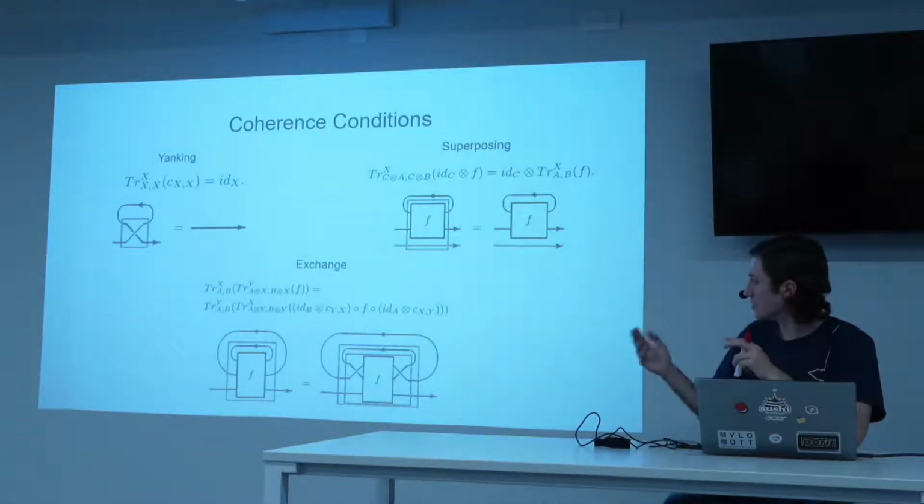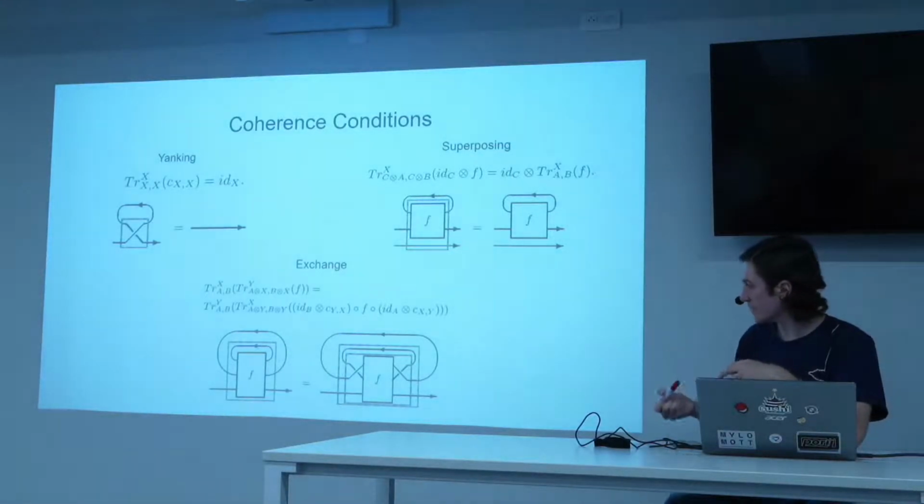And then down the bottom, you have exchange. This is a rule saying that it doesn't matter, in a sense, which order you trace the lines in. As long as you trace the same number of lines in the same lines, you should always get the same output.